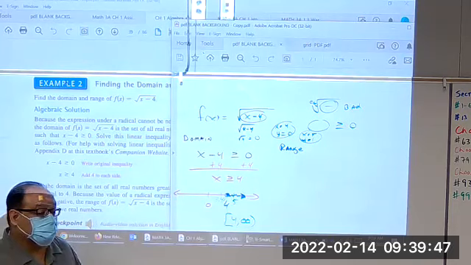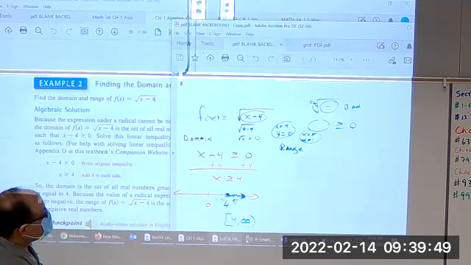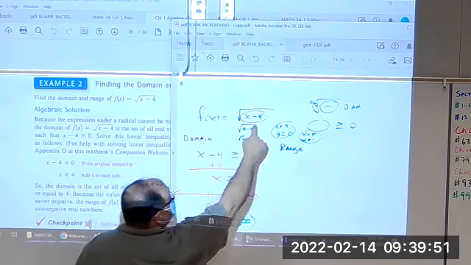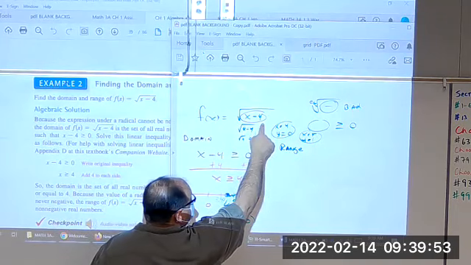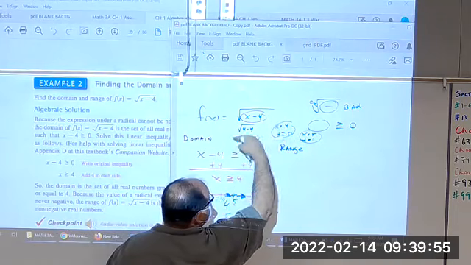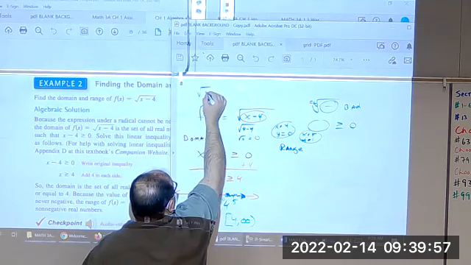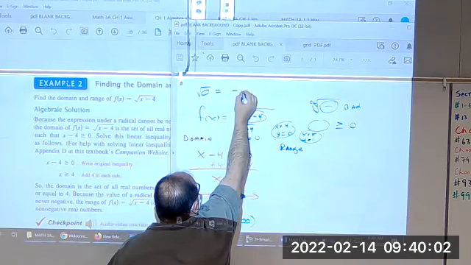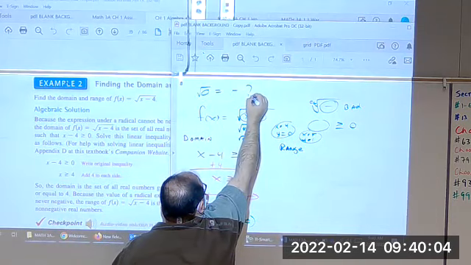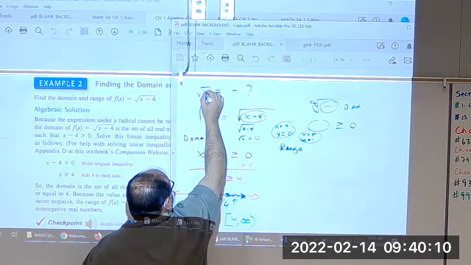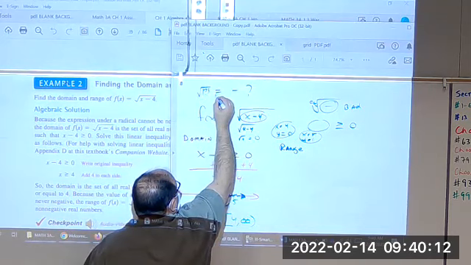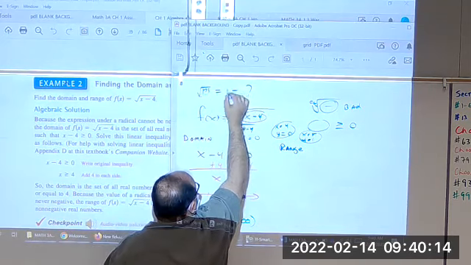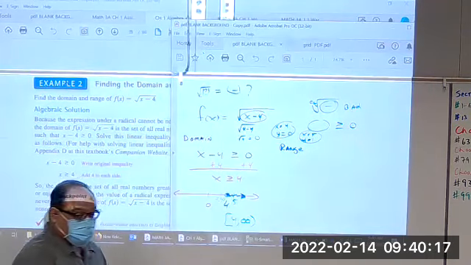Remember what we talked about last week, and even before that. If you take the square root of something, can you get a negative answer? Not 0, but just something. Remember, we're not solving.